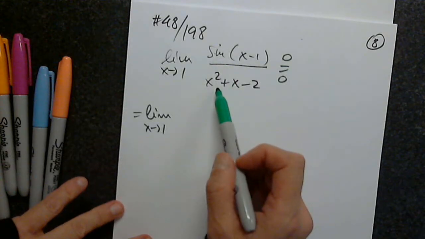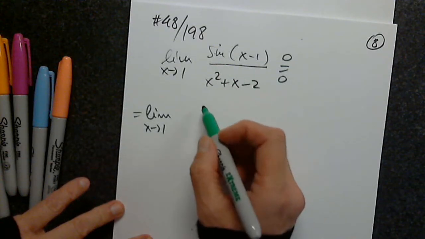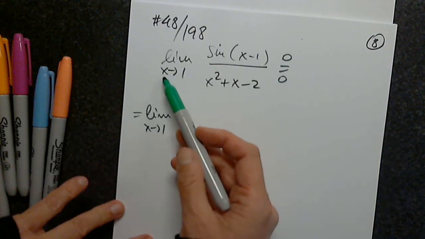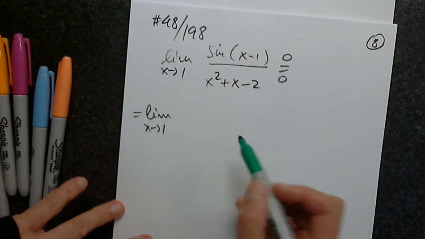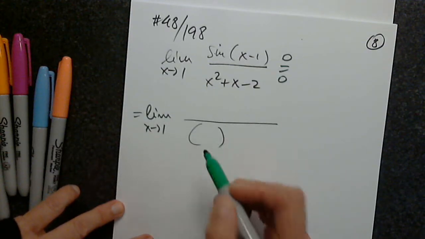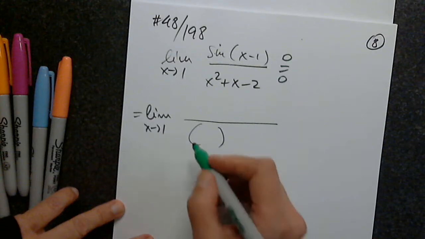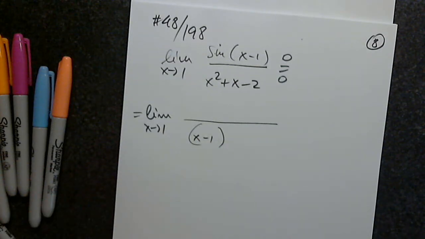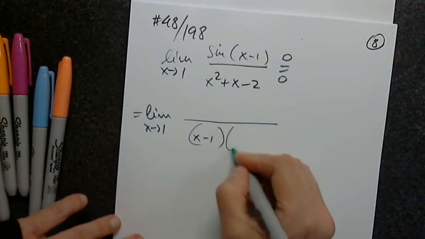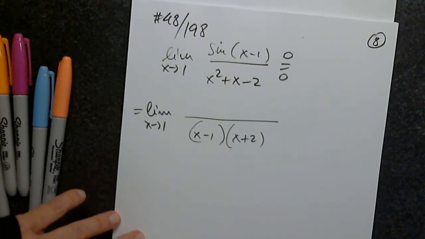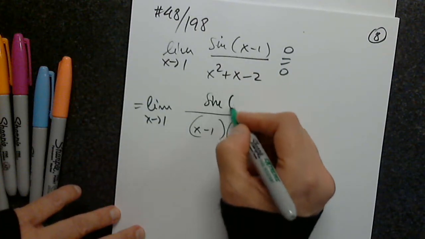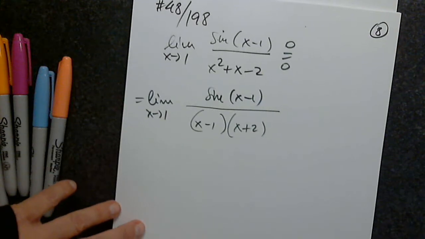Okay, so notice that the denominator, first of all, if x approaches 1 gives us a 0, what is a mandatory factor in the denominator? Of course, that's the factor that creates 0 in the denominator. So of course the other one is x plus 2, and the numerator stays as x sine x minus 1.